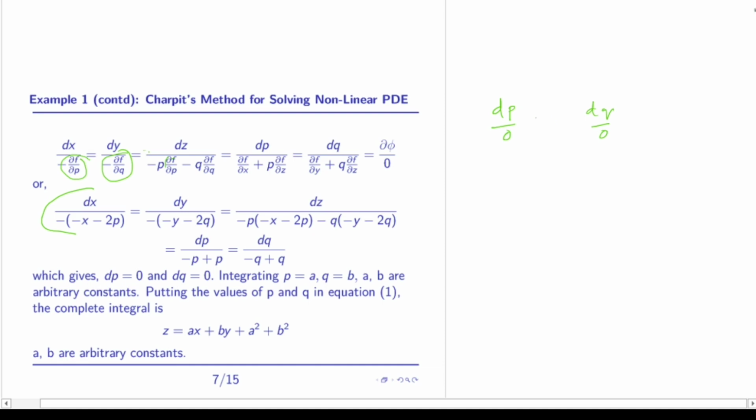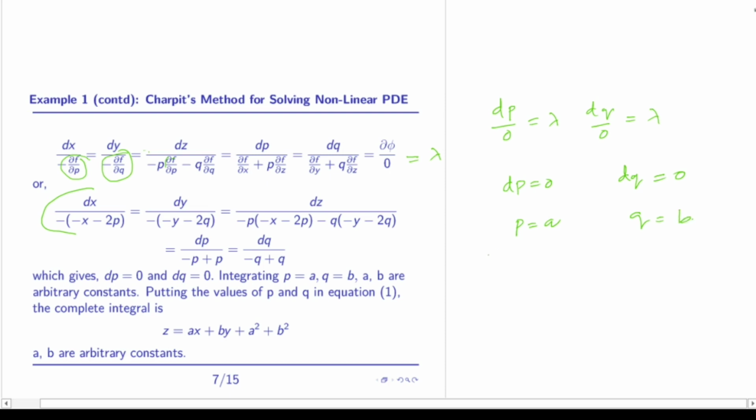Since all these fractions are equal, let us equate them to lambda. That means dp by 0 equal to lambda and dq by 0 equal to lambda. That means dp equal to 0 and dq equal to 0, which implies integrating this gives p is equal to some arbitrary constant a, and q is equal to some arbitrary constant b.